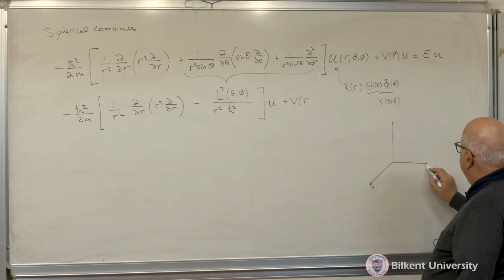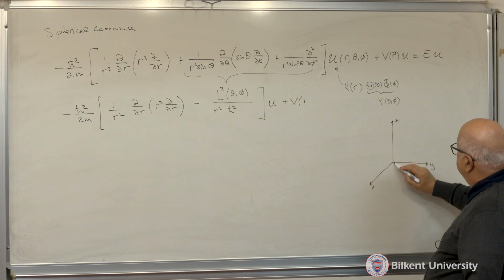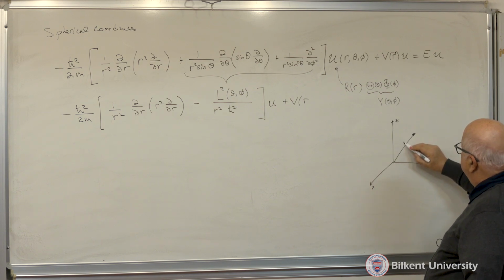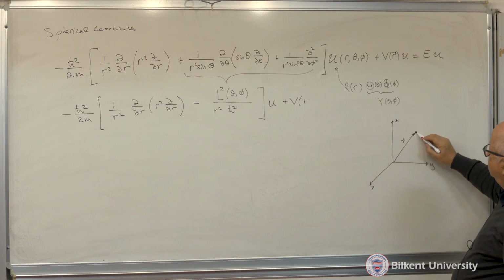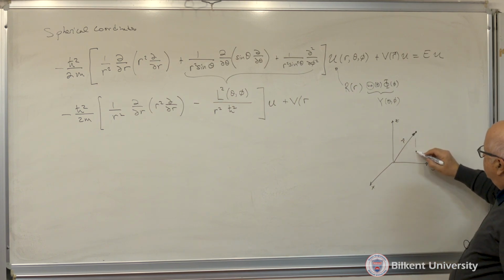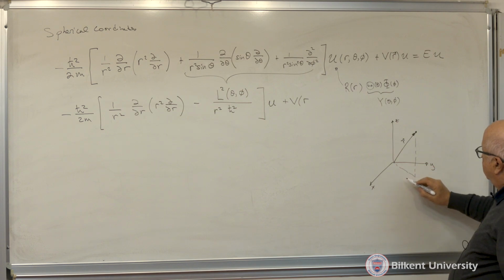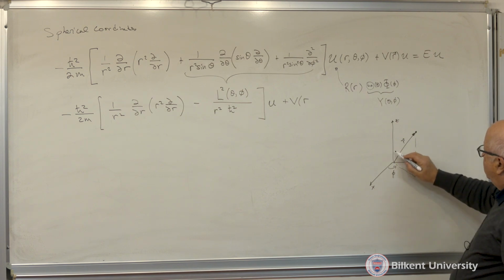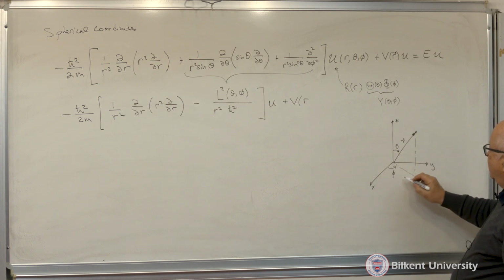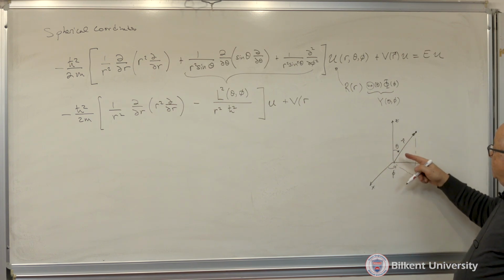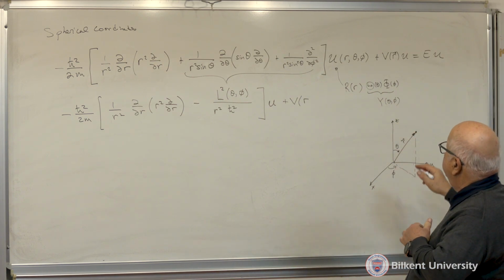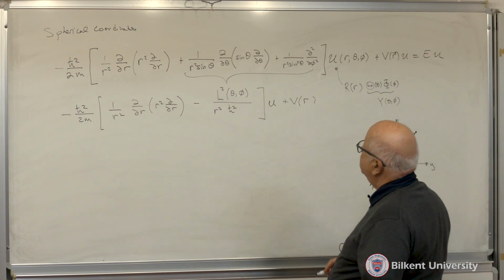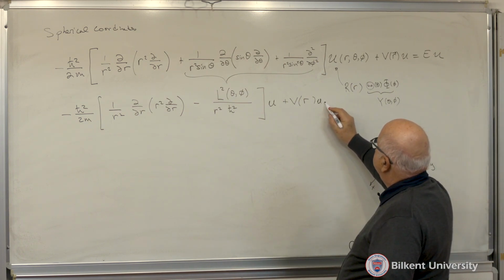If I have x, y, and z coordinates and I'm pointing at some vector r, I can specify this vector either by x, y, z coordinates, or by the angles theta, phi, and the distance r from the center. Now, over here, I'm not going to put in the vector sign. So this is going to be EU.